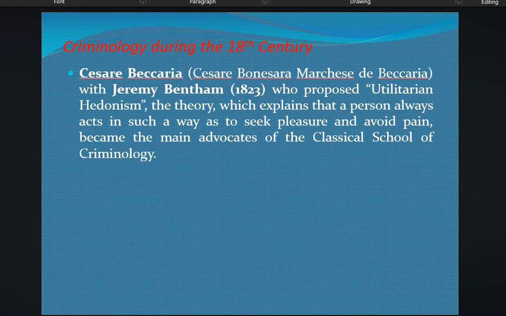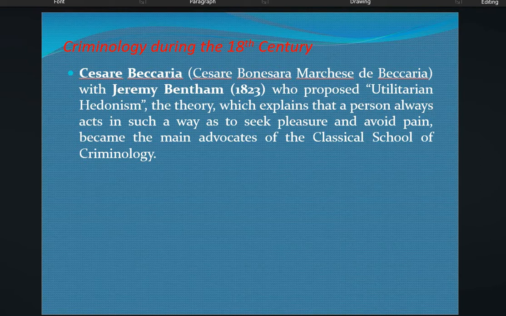Okay? So, this one, you will encounter Cesare Beccaria from first year to fourth year, up to the board exam, up to when you apply. So, what is the contribution of Cesare Beccaria? Okay? Cesare Beccaria, together with Jeremy Bentham, proposed utilitarian hedonism, the theory which explained that a person always acts in such a way as to seek pleasure and avoid pain.